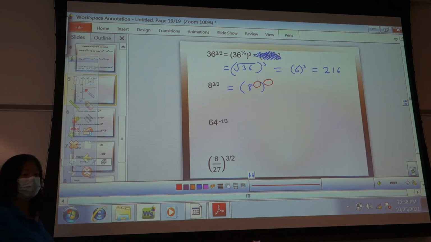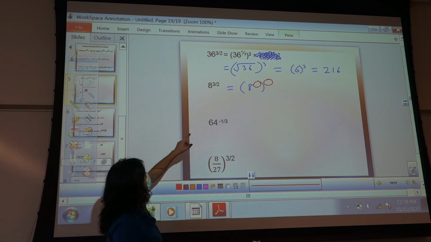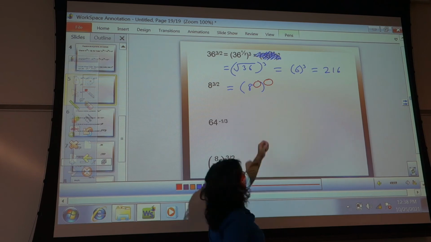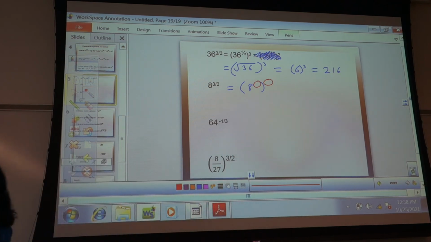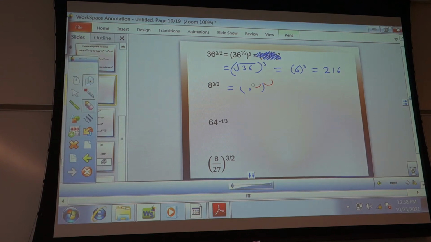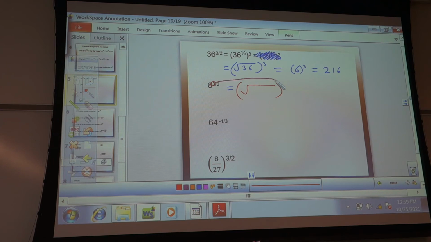Or, you know what, we can rewrite it as a radical if you want. Rewrite it as a radical, but I want the parentheses, with this part on top and this part inside.